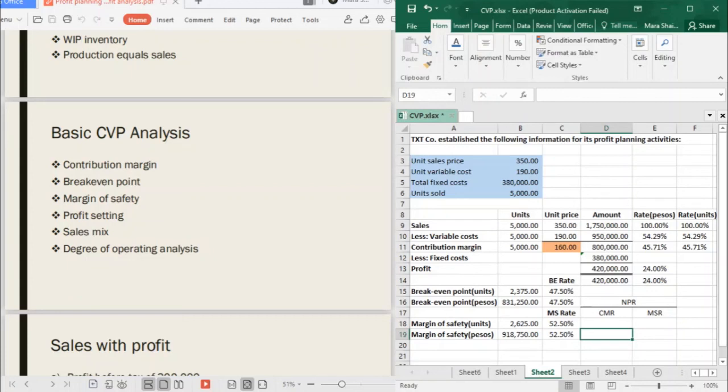So, like, what if ang given is your margin of safety? Or what if ang given is your break-even point, di ba? How do you get your contribution margin? So, kana, you understand the relationship between each factor. Imong sabton kung unsa ang ilahang, how does one factor affect the other? So, ana lang na siya.